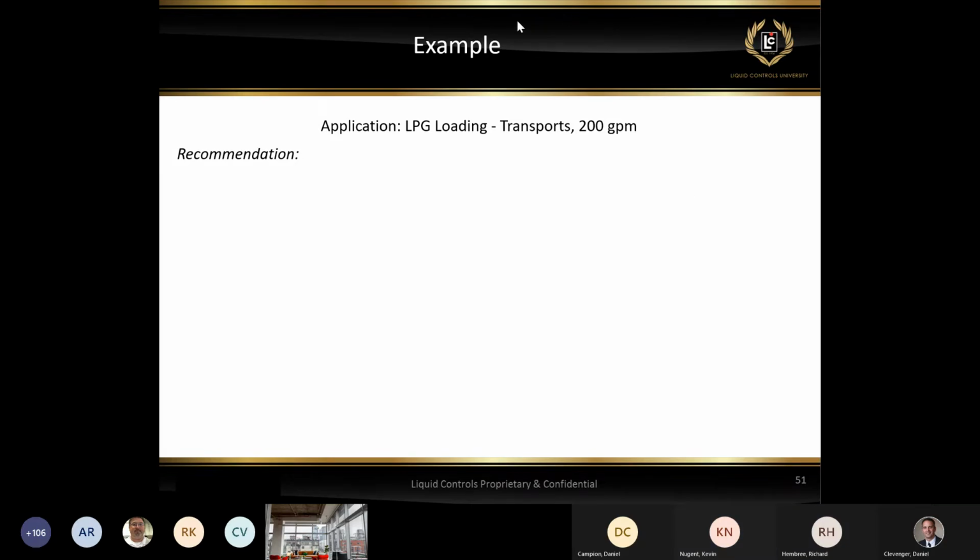But if you could go ahead, this application is LPG loading or transports, 200 gallons a minute. The meter we would recommend would be our positive displacement meter, class 10. It's probably the most economical and the best accurate meter for that application at the flow rate.